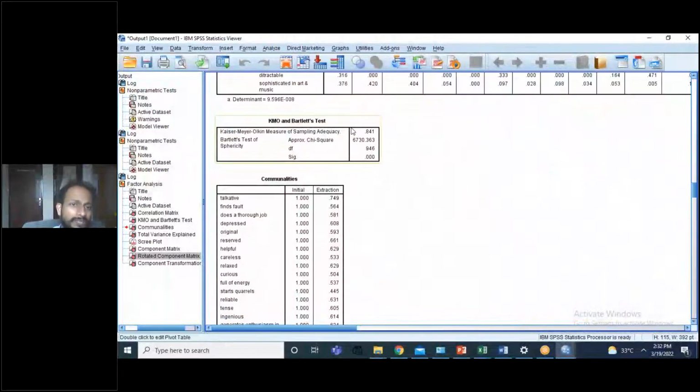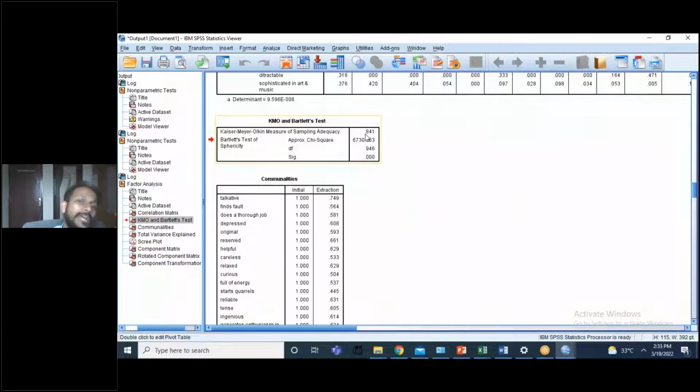Now this is what we call the Kaiser-Meyer-Olkin and Bartlett's test of sphericity. In this test, you have to look out for sampling adequacy. It basically asks whether we have considered enough samples. It says yes, because anything above 0.5 is acceptable, and 0.8 is fantastic.